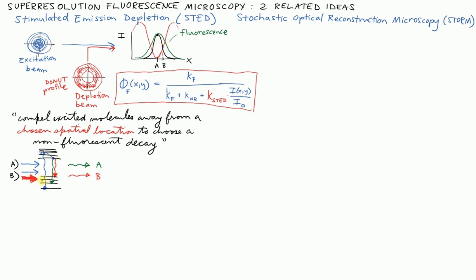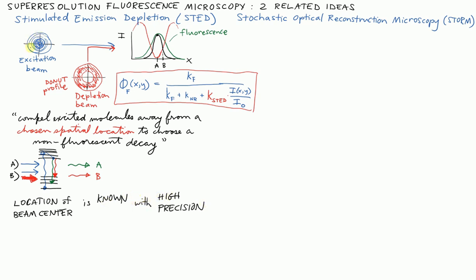The way you build up an image in this situation, the way we gain our super resolution here is that we have a beam and the location of the beam center. That is something that you control in this experiment. You know where that beam center is because you've designed your optical system to point at a certain location, and that's something you can engineer to know with high precision.